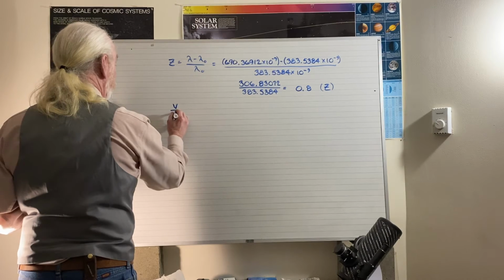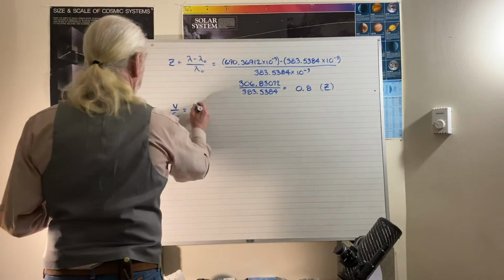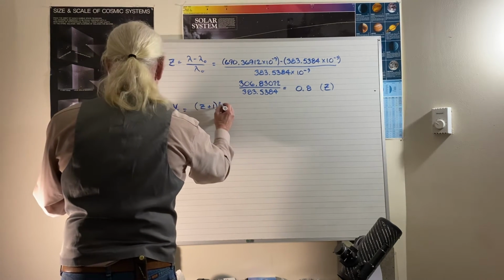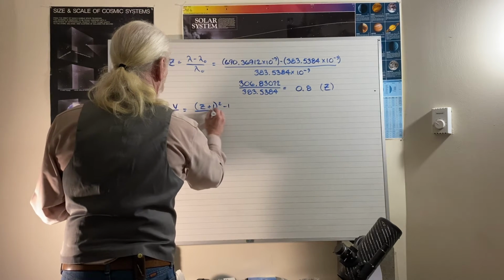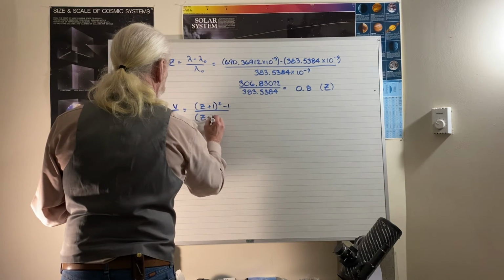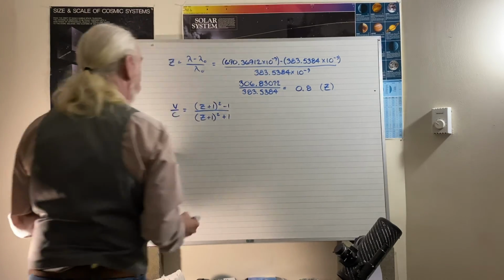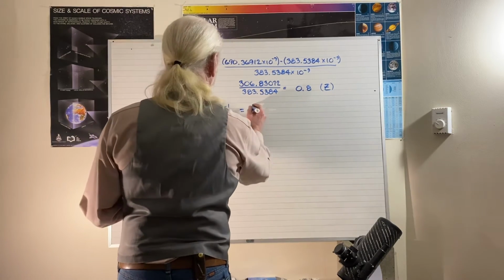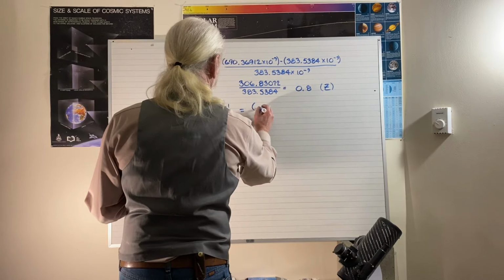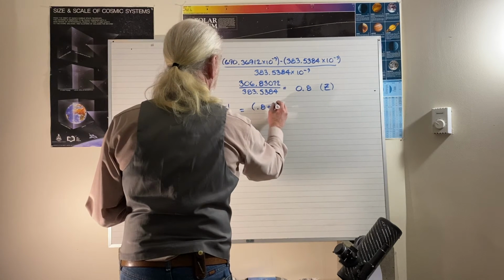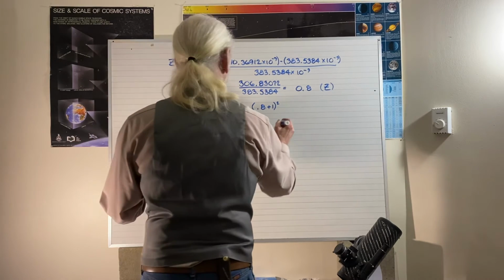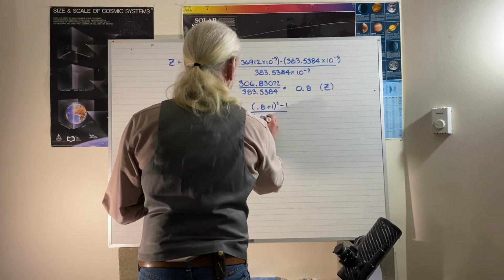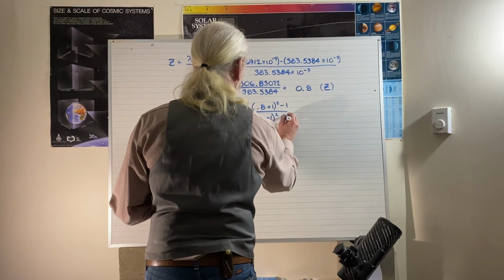V over c equals z plus 1 squared minus 1 over z plus 1 squared plus 1, equals 0.8 plus 1 squared minus 1 over 0.8 plus 1 squared plus 1.